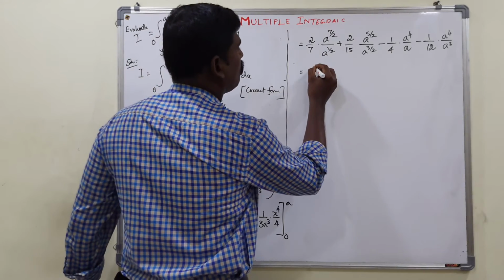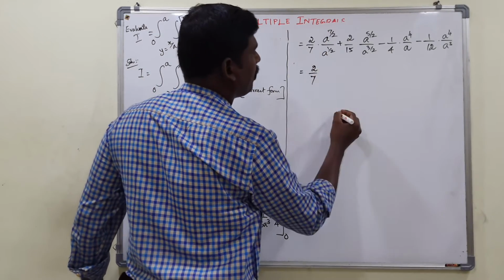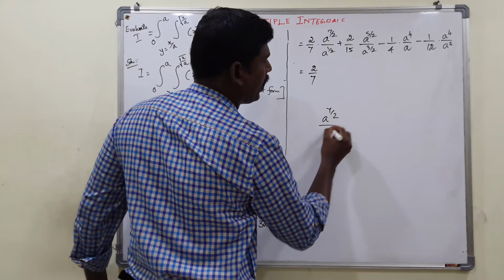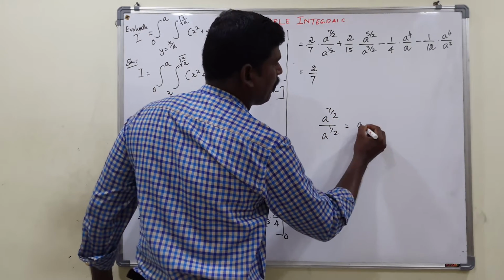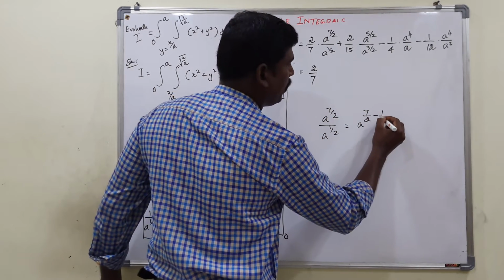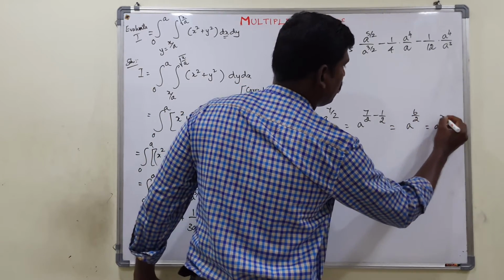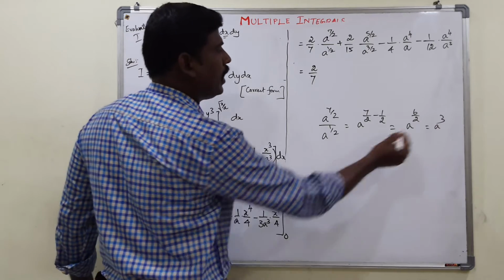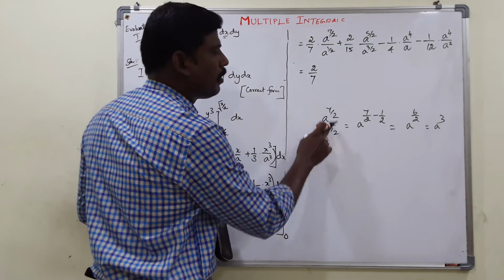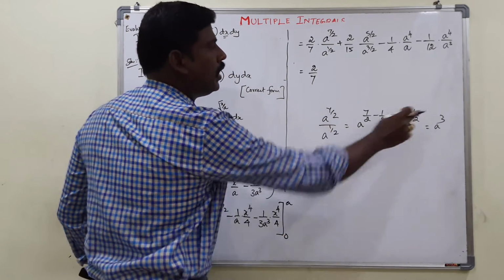So 2 by 7, a power 7 by 2 by a power 1 by 2 can be written as a power 7 by 2 minus 1 by 2, that is equal to a to the power 6 by 2, which can be written as a power 3. So I am going to write it directly as a cube. 7 minus 1 is 6, by 2 is 3.